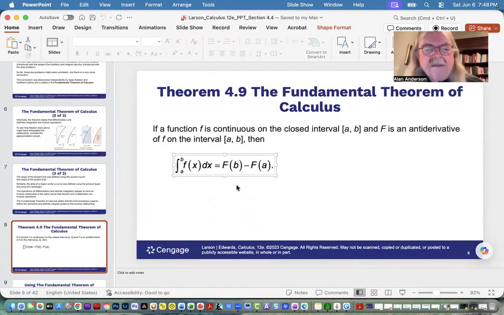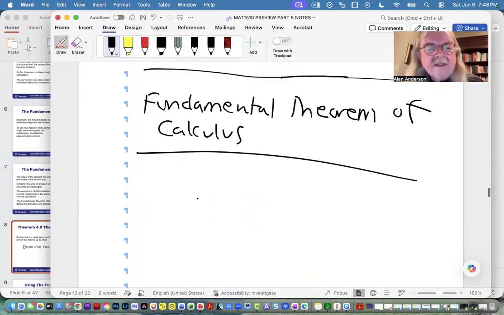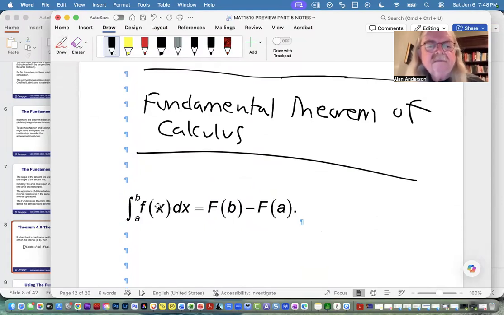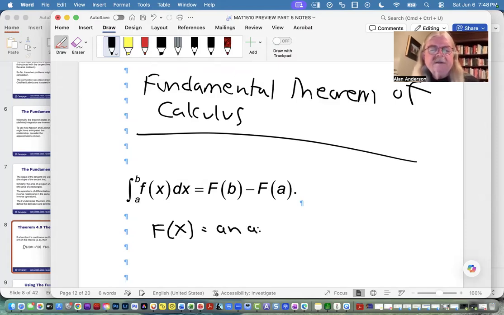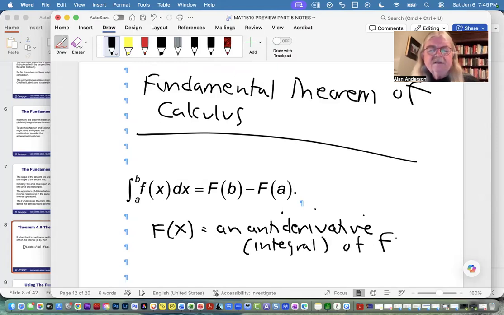All right, let's get this here. Now remember the way the notation works: this is an antiderivative or integral of f of x.